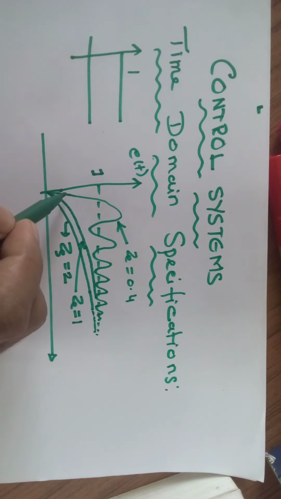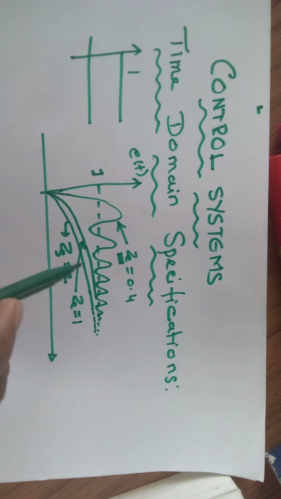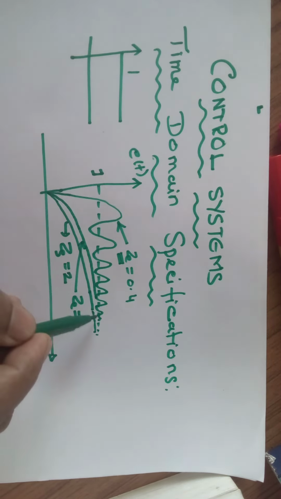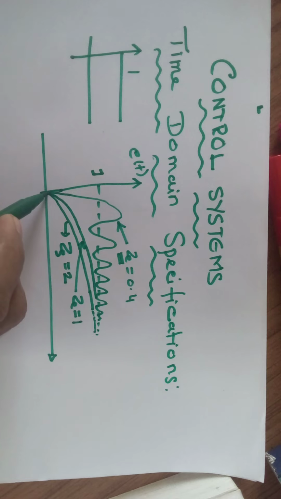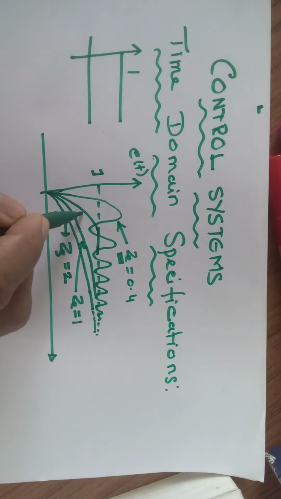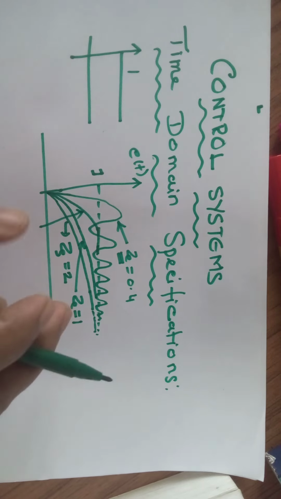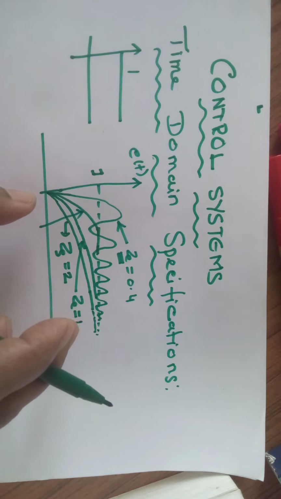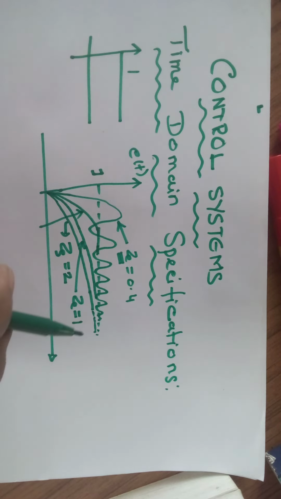So in this way, if you reduce the value of the damping factor, the response will reach its steady state value more quickly. In the case of zeta equal to 1, or the critically damped system, it will reach its steady state value within a short duration. The response we obtain before reaching the steady state value is generally called the transient response.